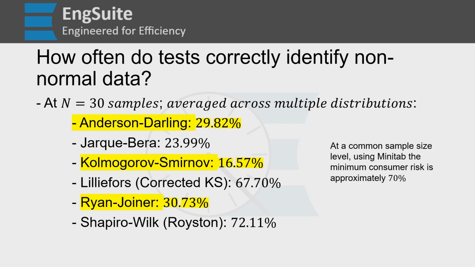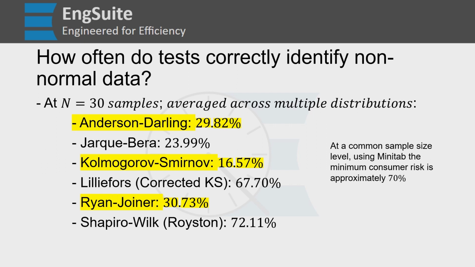Now, again, we're testing to find out if our data is normal enough. So is 30% with the Ryan-Joiner okay? Are we okay with a 70% probability of a type 2 error? If we have no other options, I think sure.